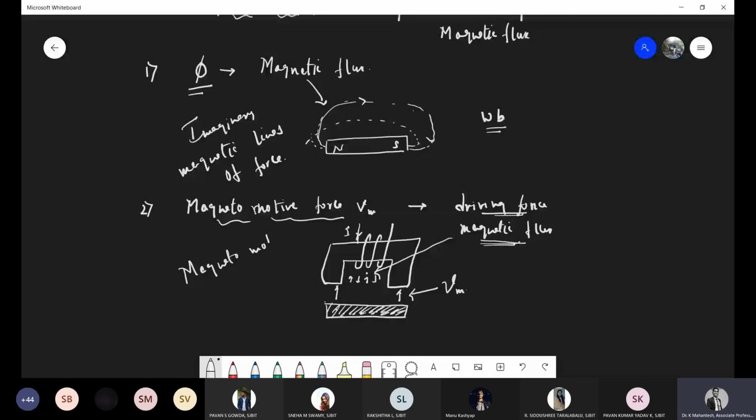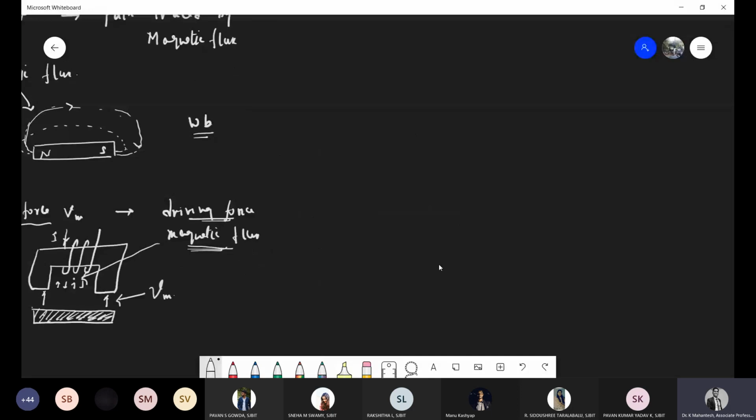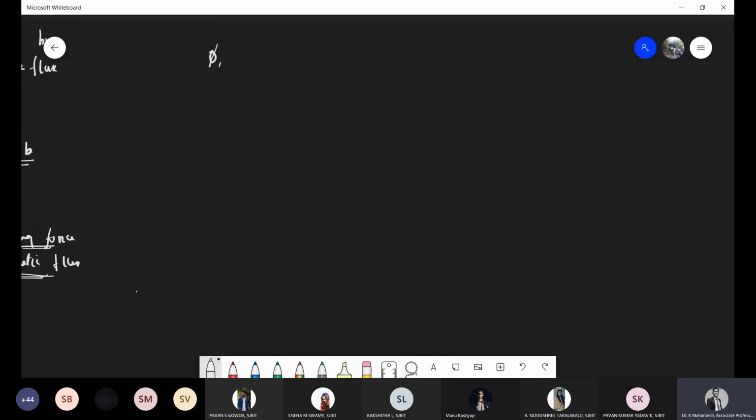Okay. I'll go to the third component. So we studied flux, we studied magnetomotive force. Now we shall study reluctance. I'll write it as R. So what is this R?